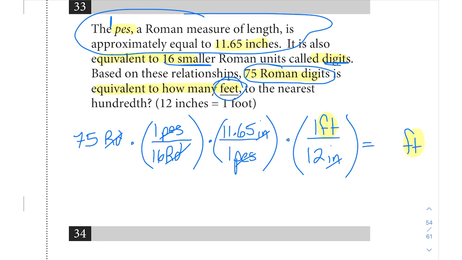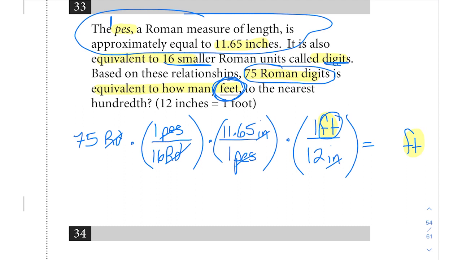And if you look, those inches will cancel out, and we will be left with the desired unit of feet. So again, whatever they're asking for, in this case, they're asking how many feet. So you want to do your conversions step by step with the appropriate canceling of units until you're left with the desired unit. And then we can just multiply straight across the top and straight across the bottom.